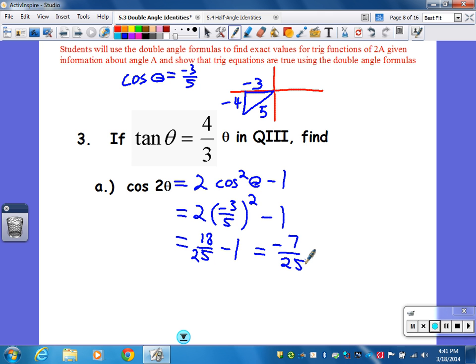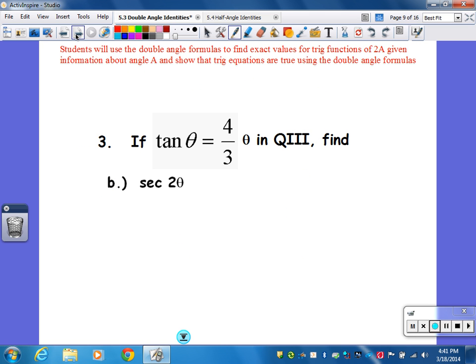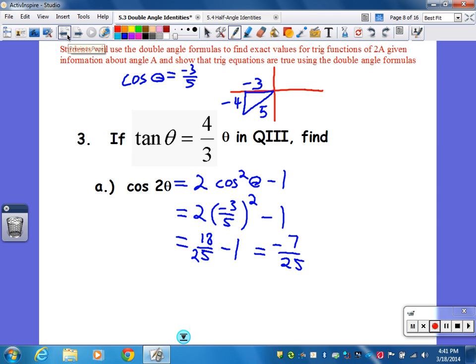Awesome, we're moving right along now. Now we're really cruising and cooking. Okay, same tangent theta, 4/3, so quadrant 3. Now we need secant. The funny thing about secant is it's 1 over cosine 2 theta. From the previous slide, we found cosine 2 theta to be negative 7/25.